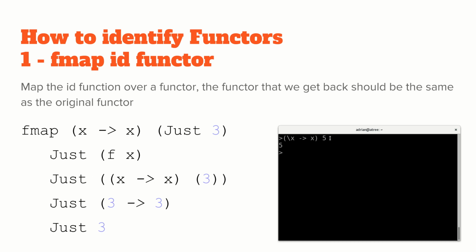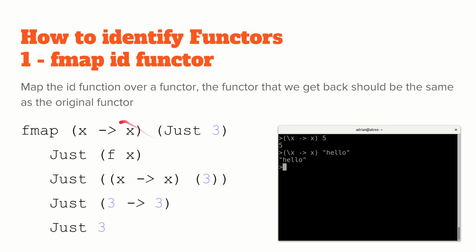So you give it 5, it returns 5. You give it hello, it returns hello. So it doesn't do anything at all. And if it satisfies that, that's one rule, and we're halfway there to getting a functor.